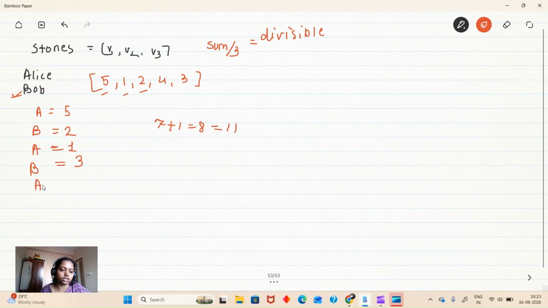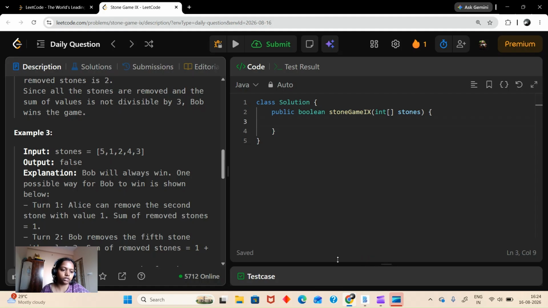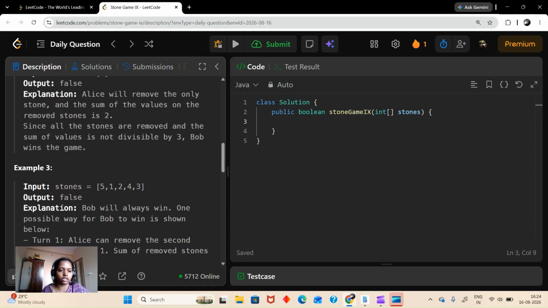Now Alice's turn. She has only one option to select, which is 4. If I add the 4, it makes 15, and 15 is divisible by 3. So Alice is losing, and that's why the output is returning false.